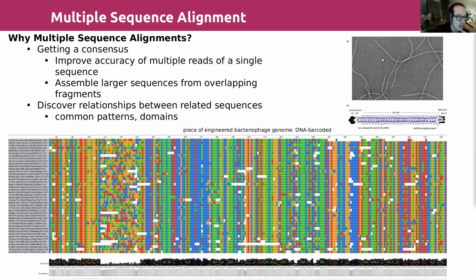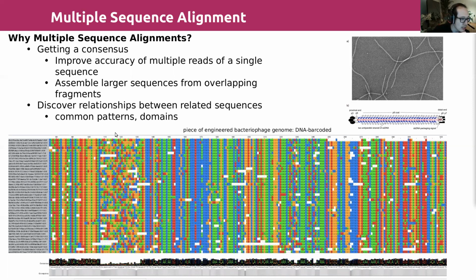This is not taken by me, but this multiple sequence alignment shows some interesting things. The first feature that stands out is this region here, which unlike the other columns in this alignment, looks very random.